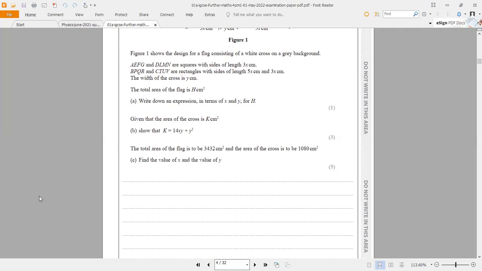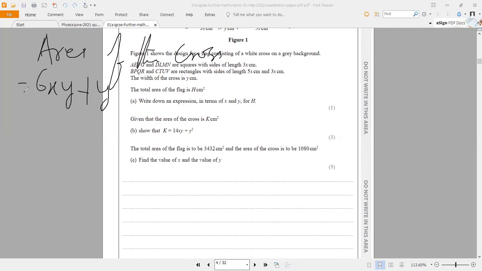Now we remember that the area of the cross equals 6xy plus y squared, plus 8xy, everything centimeter squared.